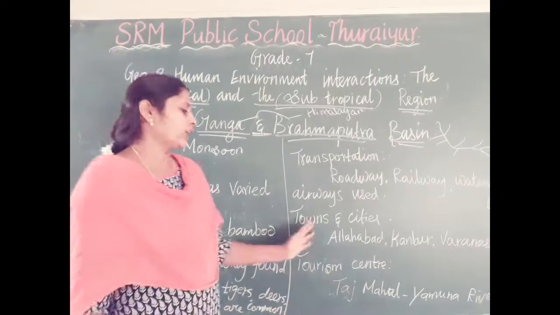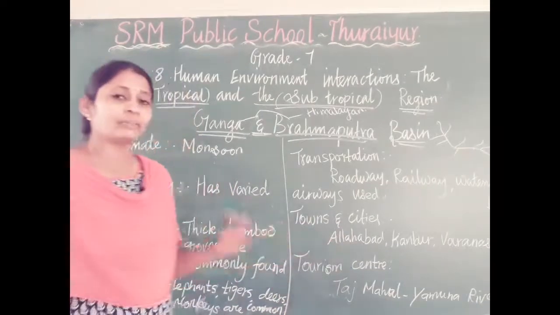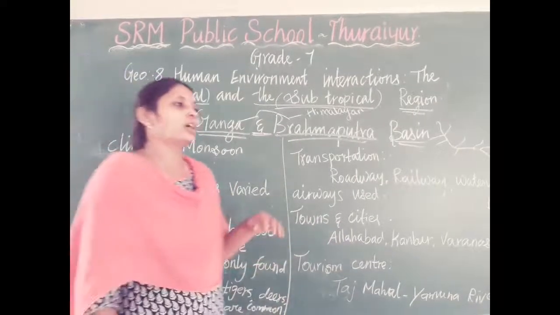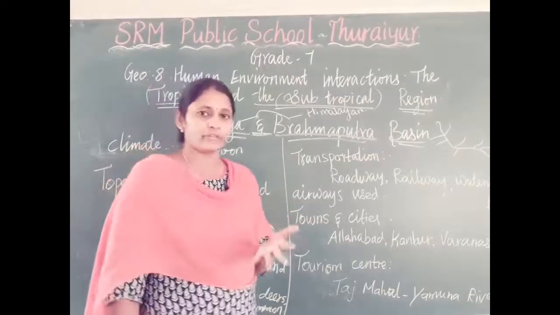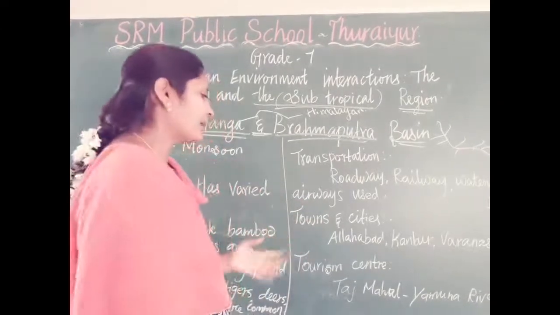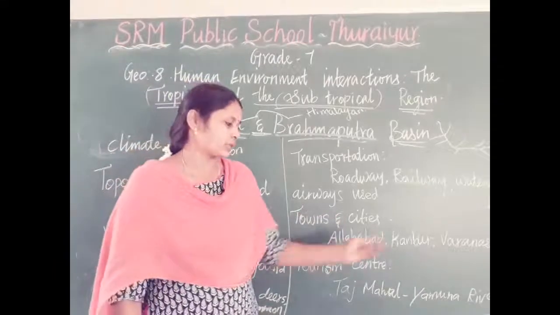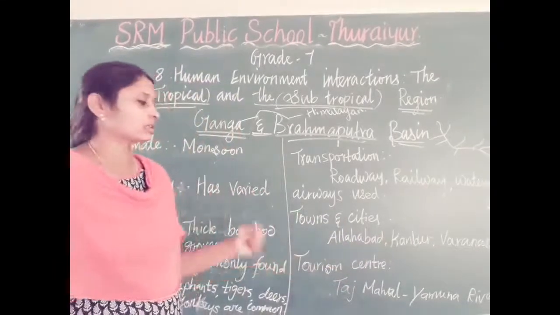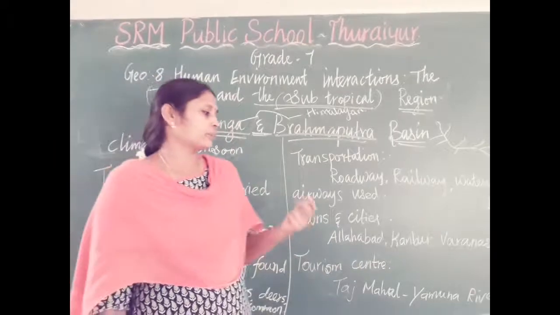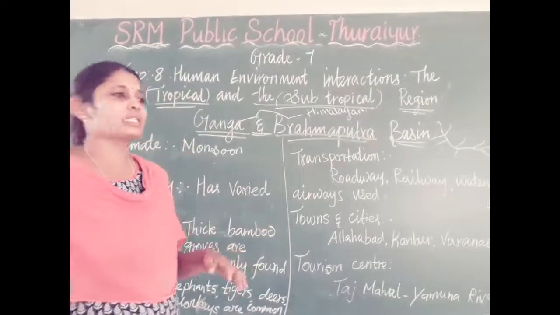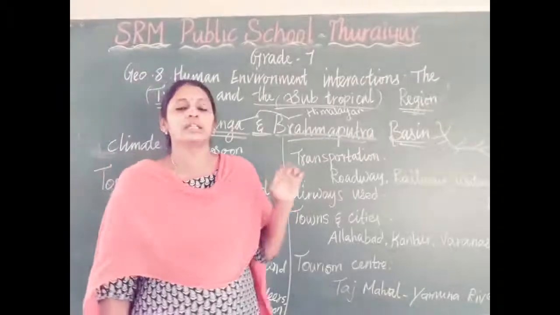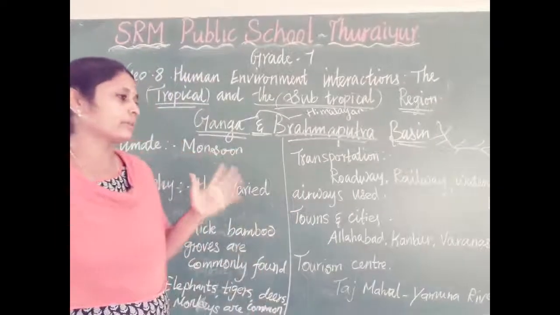Then towns and cities. What are the famous cities or towns situated in the Ganga Brahmaputra basin? Definitely Delhi, Allahabad, Kanpur, Varanasi. I gave only some places. Like that, many famous cities are located on the river banks of the Ganga and Brahmaputra.